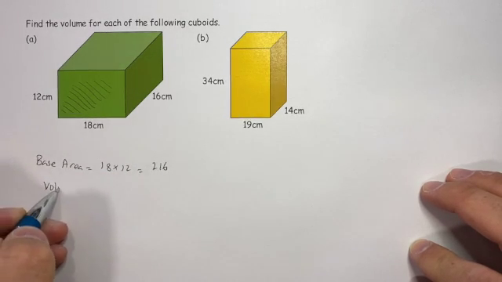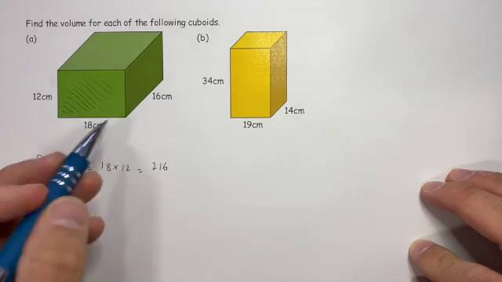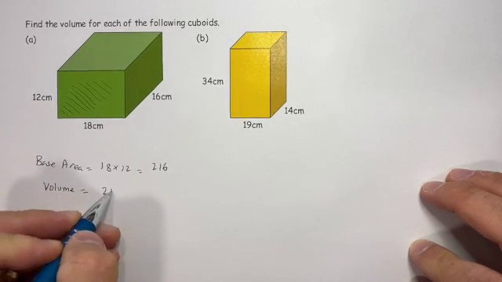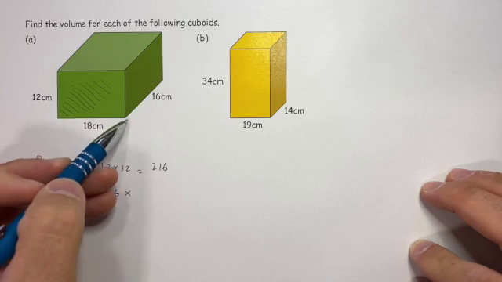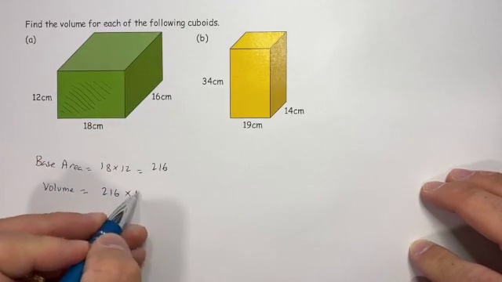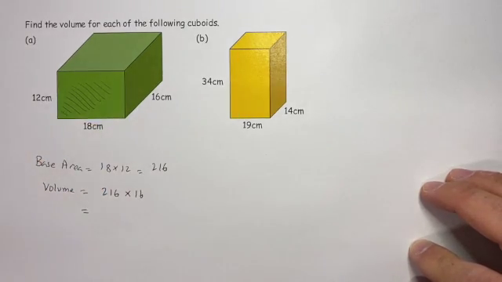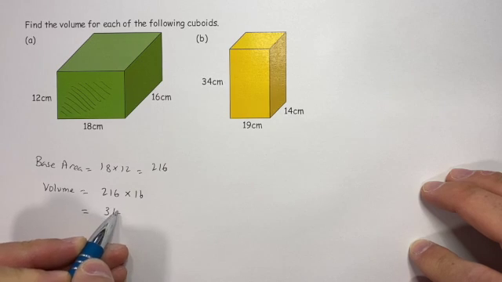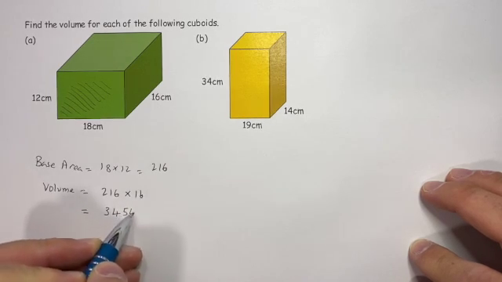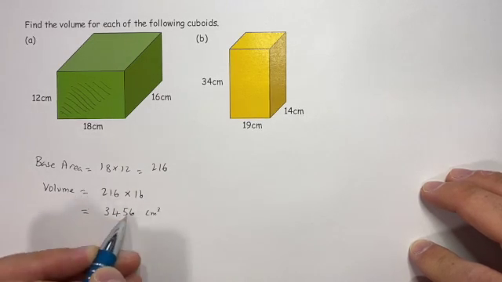So the volume of this prism, this cuboid, is that area times by how long the shape is, which is 16. So 216 times 16 comes out on the calculator as 3,456, and that's centimetre cubes.